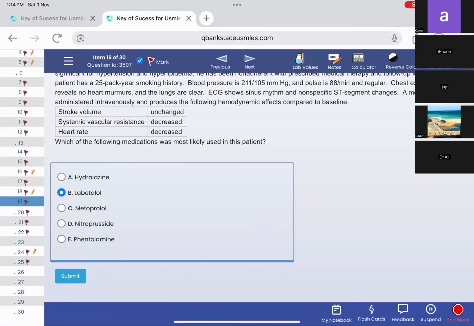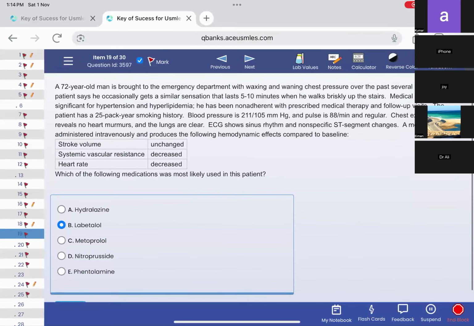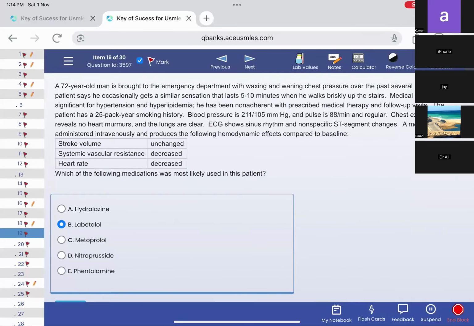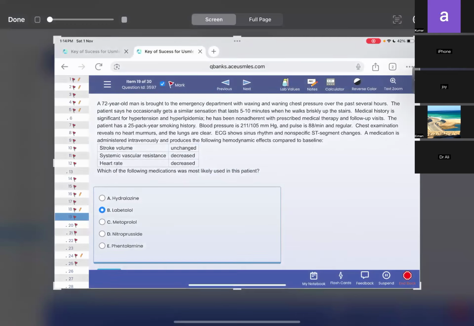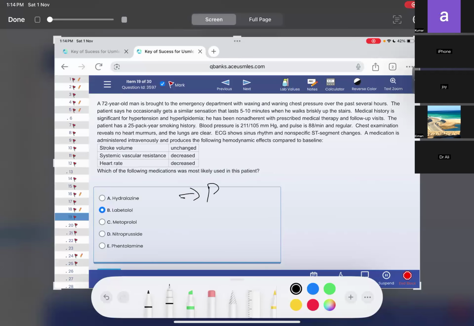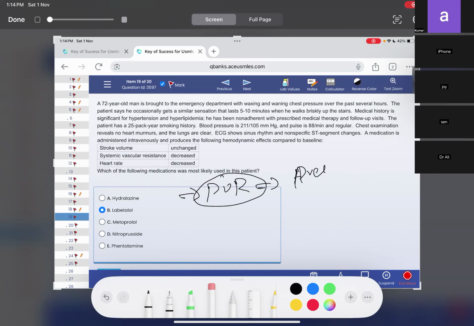So in which situation do we prefer hydralazine? Hydralazine is usually preferred when we have to decrease the peripheral vascular resistance, like in pregnancy. Excellent. In pregnancy, which condition?